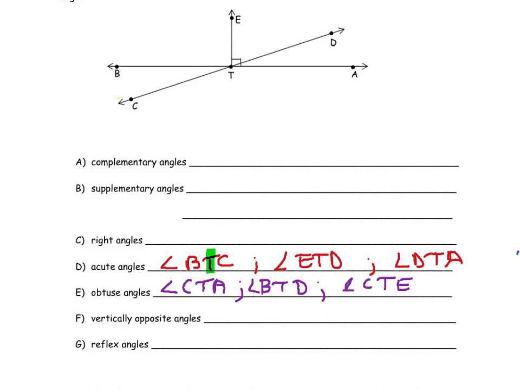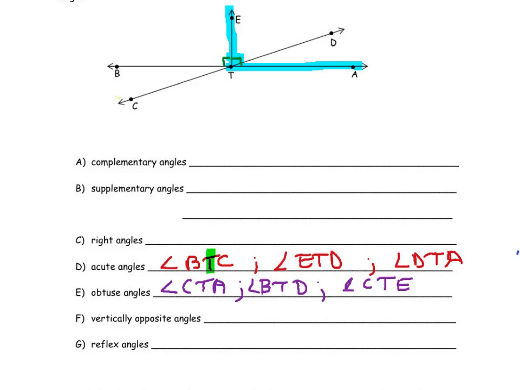Now let's talk about the right angles. A right angle is made when 2 lines that are perpendicular meet. A right angle is marked by its symbol, like the one in your diagram, at the vertex of T, and that angle looks like a little box, same on both sides.